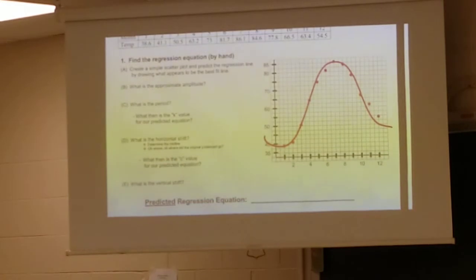Now, for the next 10 minutes or so, we're going to analyze this thing. That means we're going to try to come up with the amplitude, the period, shifts, with the goal of coming up with an equation. Are you tracking with me here? Our goal is to come up with an equation.